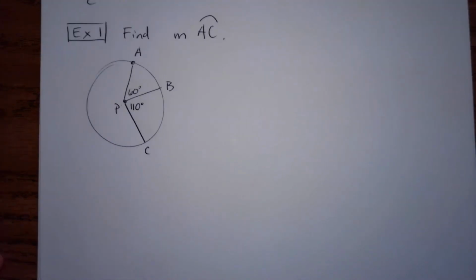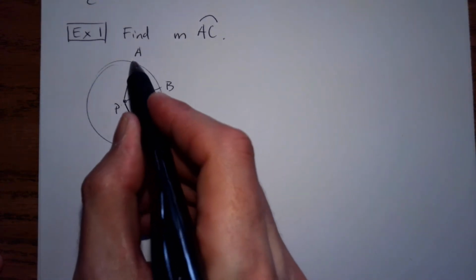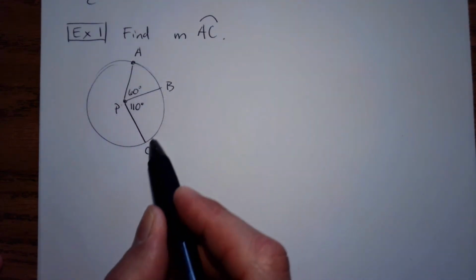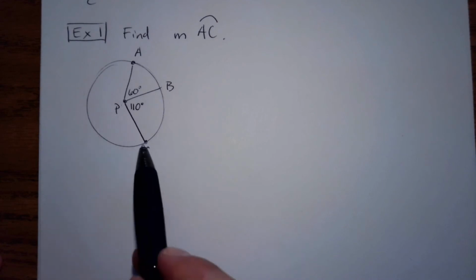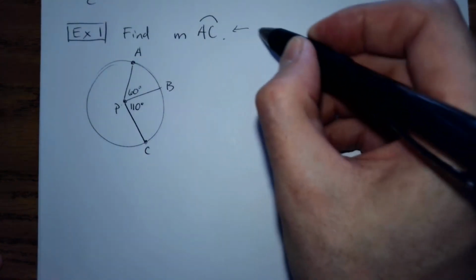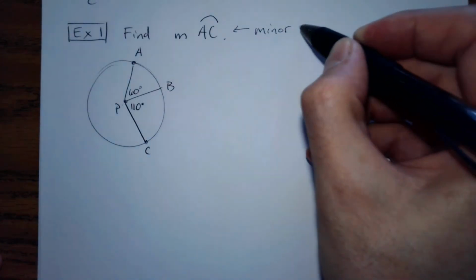So on this, it says find the measure of arc AC. That means from here all the way down to here. It doesn't mean the minor arc necessarily.